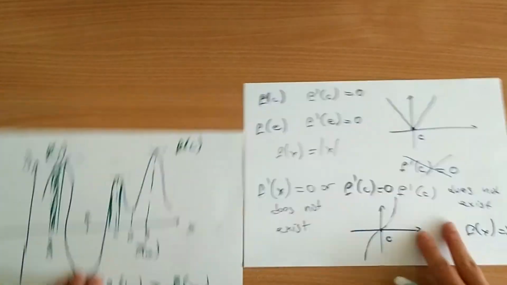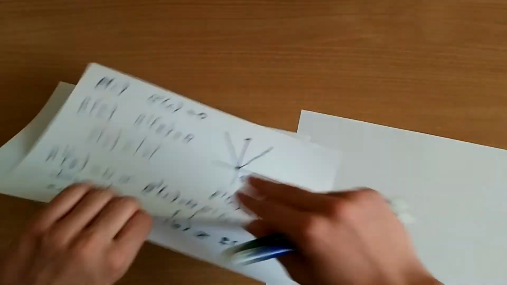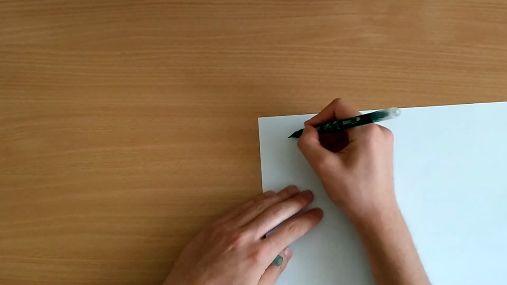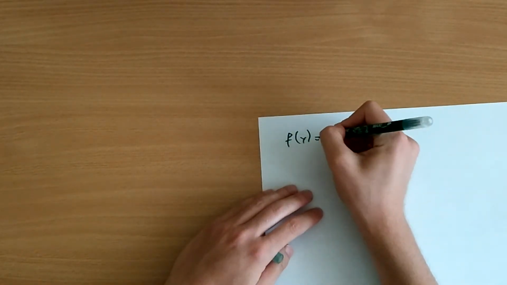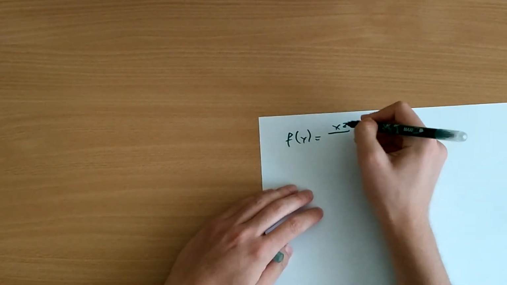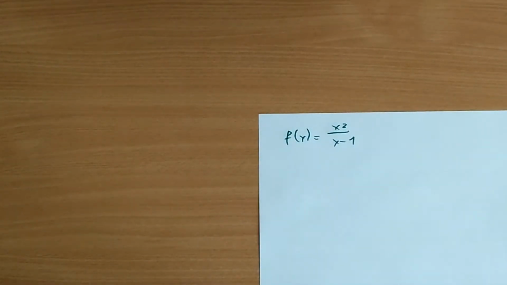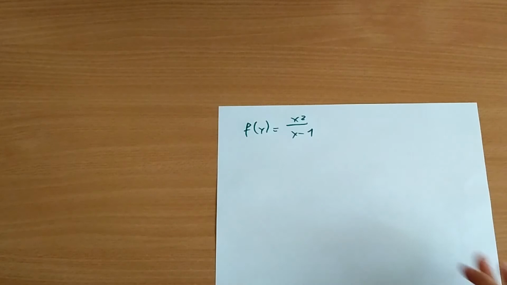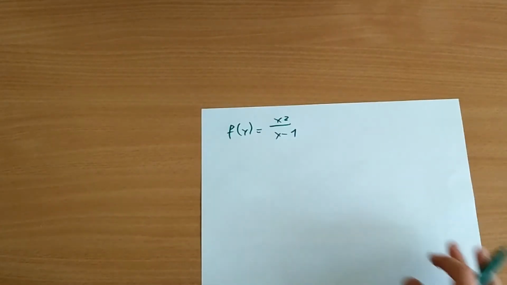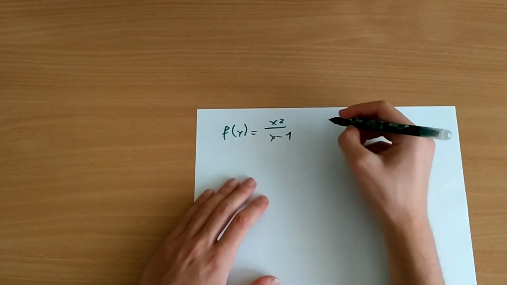Now let's solve an example. We have f of x is equal to x squared over x minus 1. And we need to find the local minimum and maximum points. I'm running out of time, so this will be quick.